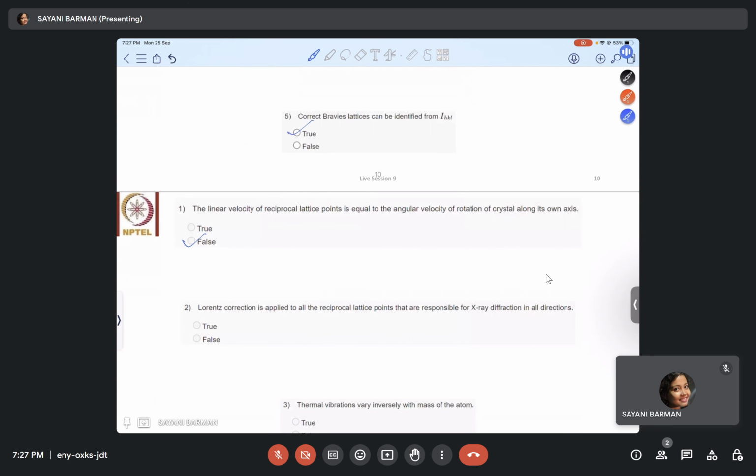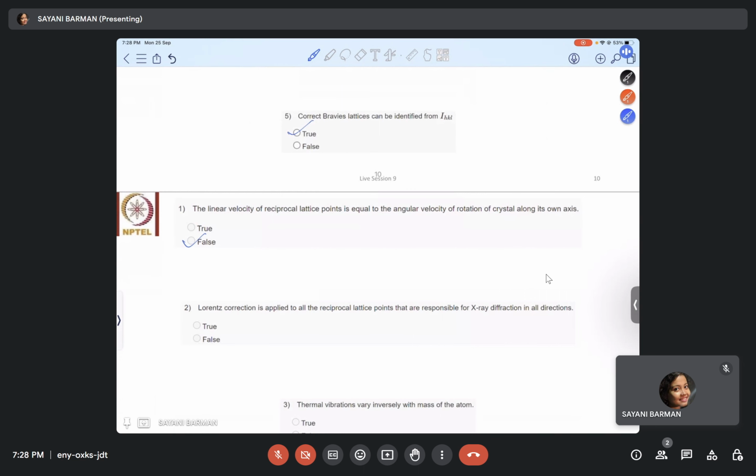Lorentz correction is applied to all the reciprocal lattice points that are responsible for X-ray diffraction in all directions. Yes, it's true. Lorentz correction is a correction factor that accounts for the variation of the intensity of the diffracted X-rays due to the distribution of electrons in the crystal lattice.